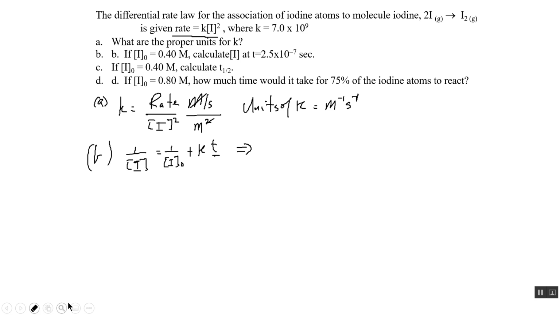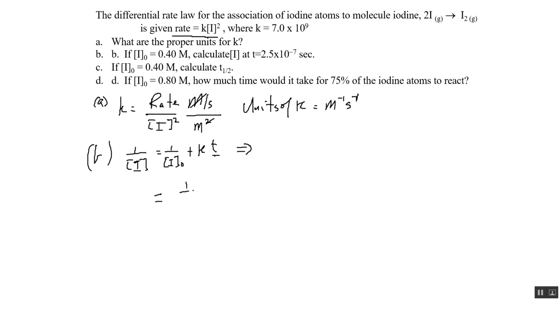So in this case here, going back to my pen function, we're trying to find the concentration of I. So actually, we don't even need to do that much of a rearrangement here. All I have to do is plug the numbers in.